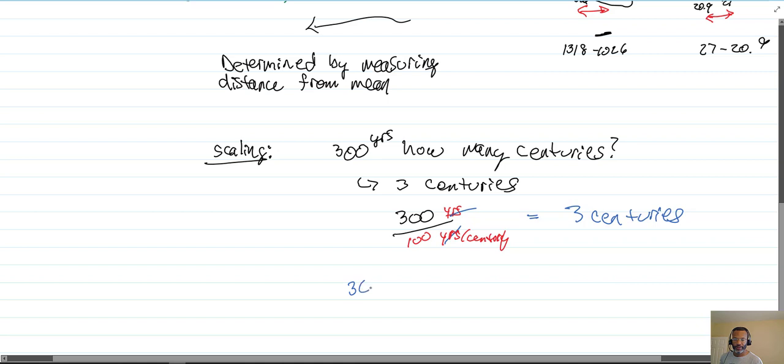Another example for scaling might be, given the number 36, how many dozens? If you have 36 eggs, for example, how many dozens? Well, hopefully you automatically start to think about this in groups of 12.